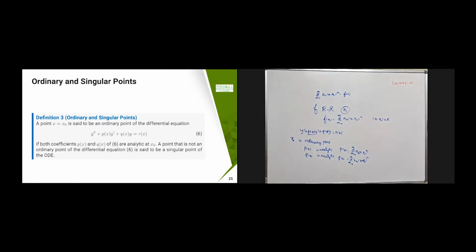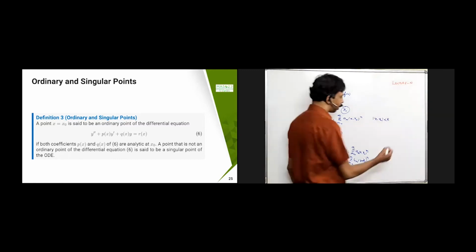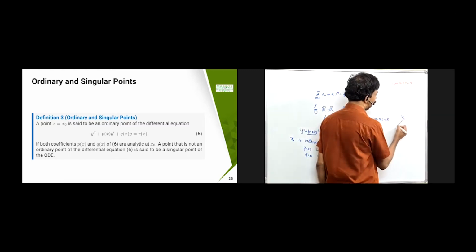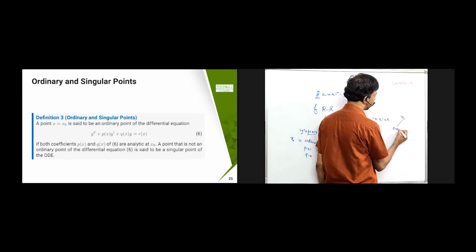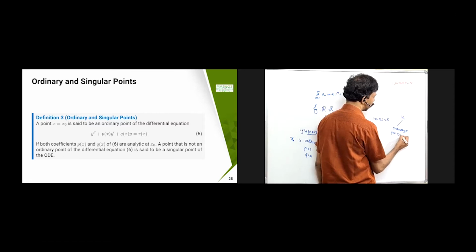In that case, we say that p of x and q of x are analytic, and x naught is said to be an ordinary point of this ODE. Ordinary point means p of x and q of x are analytic. Otherwise, I call it a singular point. What is the meaning? Either p of x or q of x is not analytic.